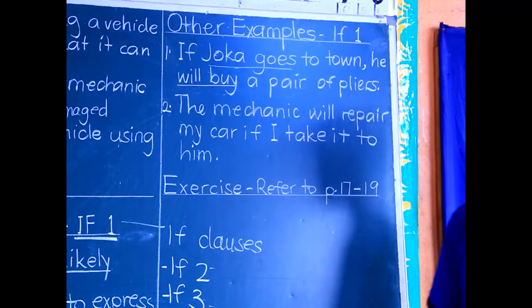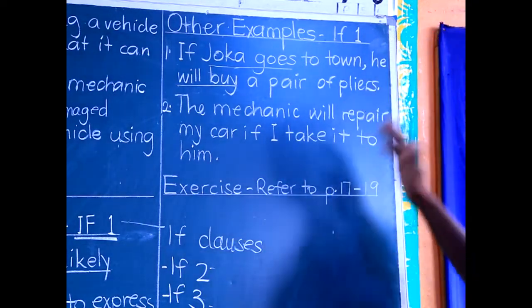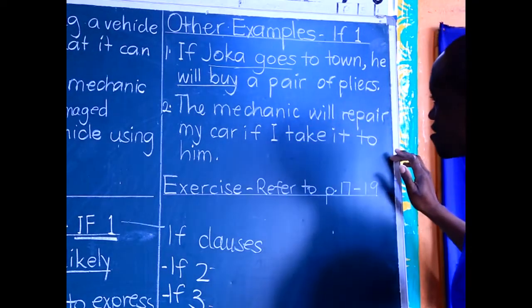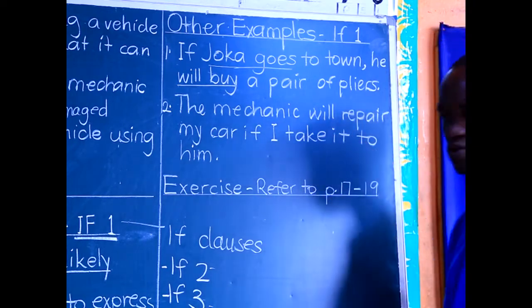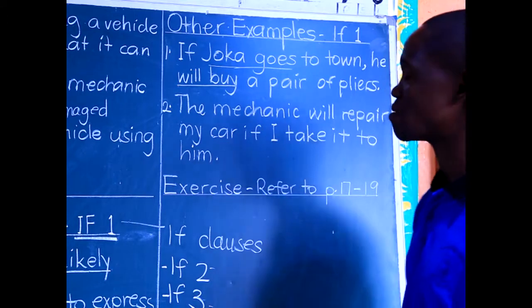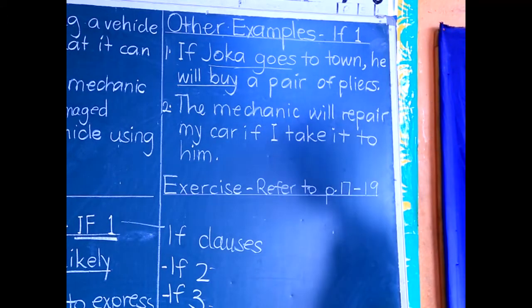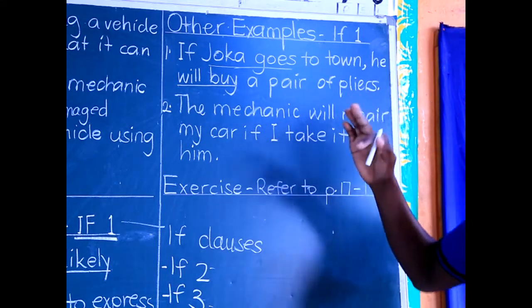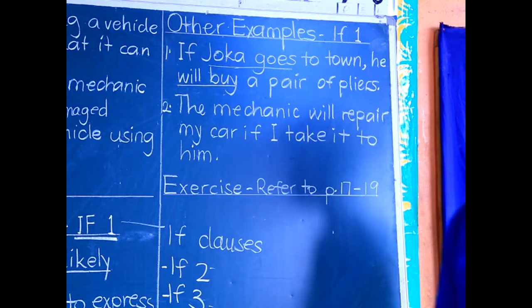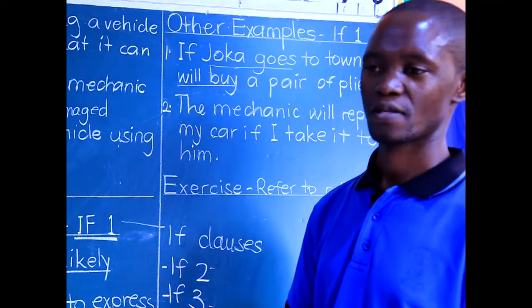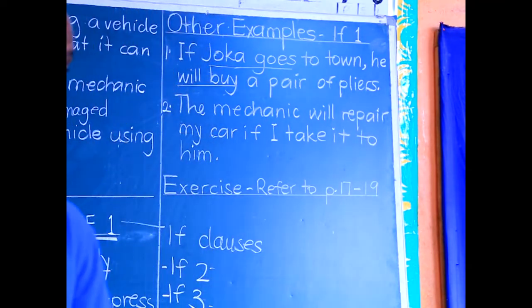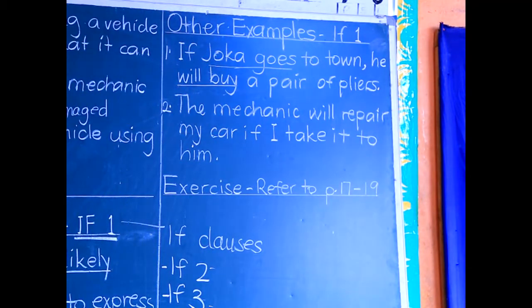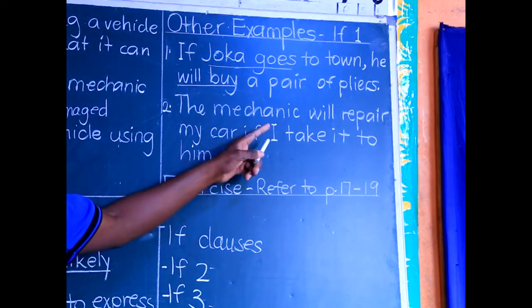In other words, the conditional clause or the if clause comes at the end sometimes, then the main clause or the clause that shows you the result can also come at the beginning. Now what happens when we interchange the two clauses? You'll notice that the comma disappears. The comma totally disappears when our main clause comes at the beginning.